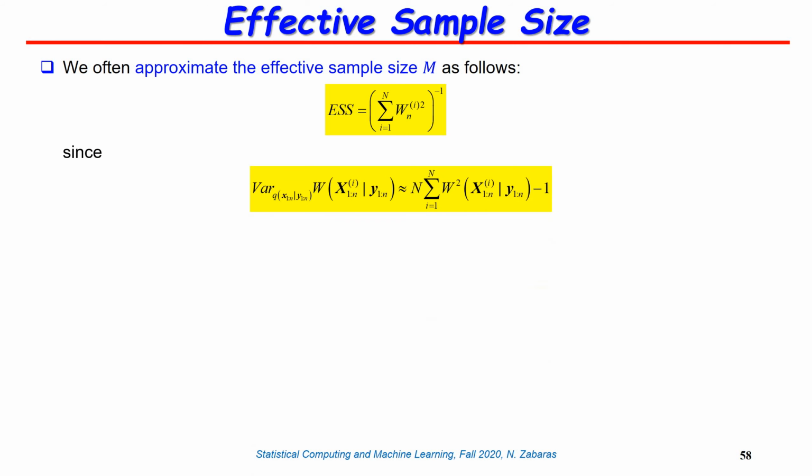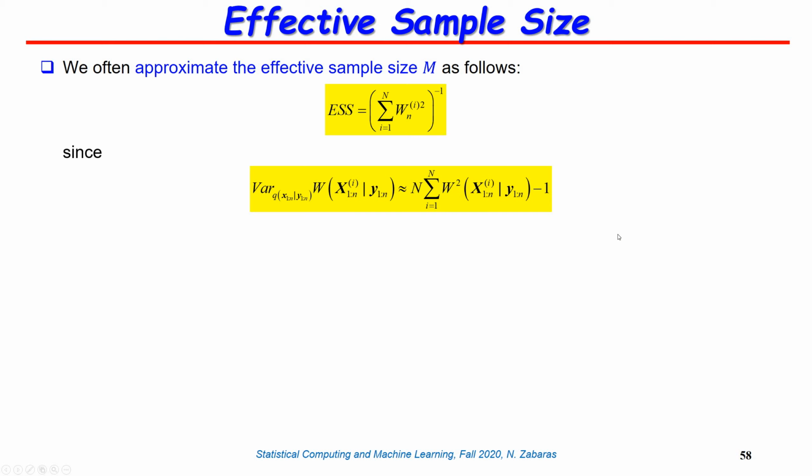Now you can actually show that if you compute an approximation of the variance of the normalized weights, and I leave you this as a simple exercise, you can take the variance of capital W and write this as the integral of W squared times Q minus the square of the integral of W times Q, and you use all your Monte Carlo approximations for Q. You can show that this variance of capital W is n times the summation of the normalized weights squared minus 1.